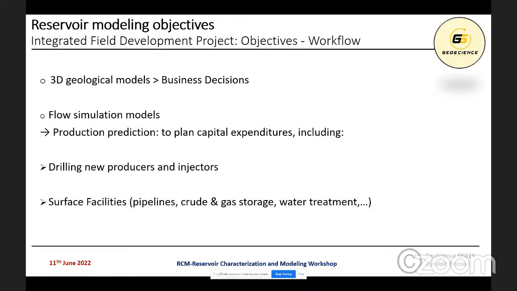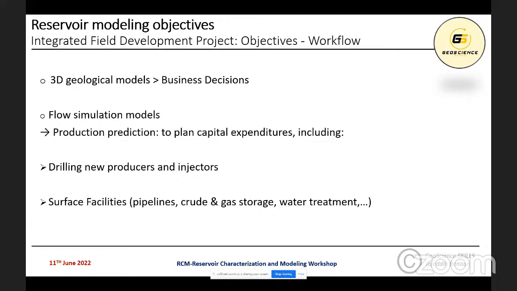Now let's come to the integrated field development plan. Why do they call it an integrated field development plan? Because it's a multidisciplinary integration. This means that it integrates data from different resources, and multiple members with expertise from different disciplines are involved in this project, so it's a huge project.